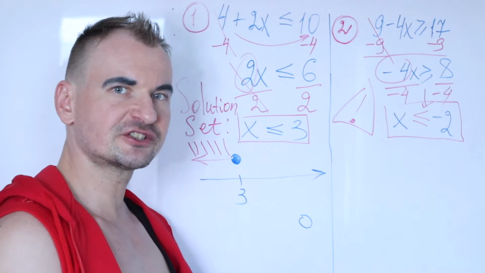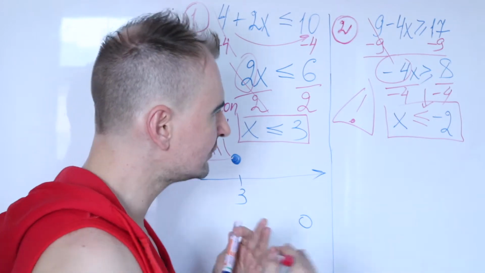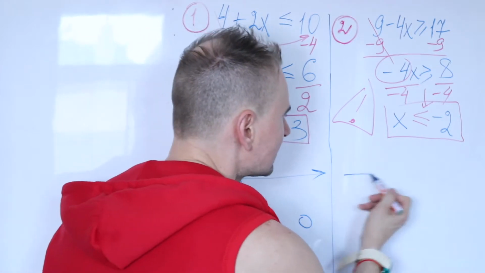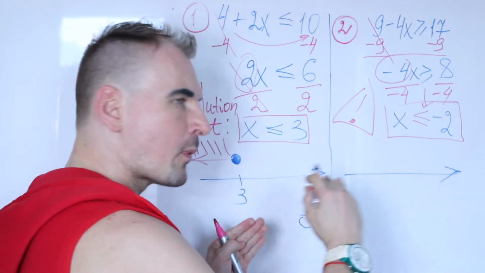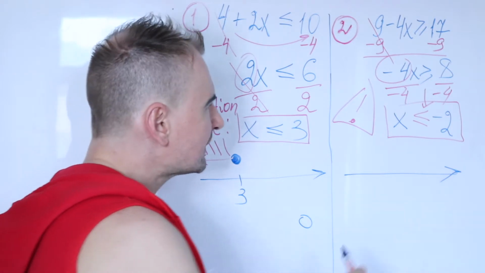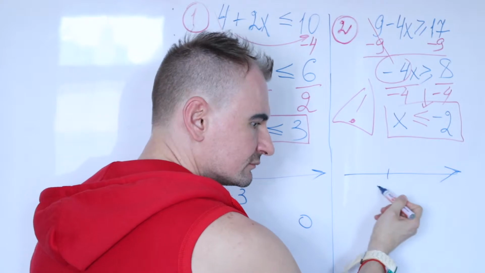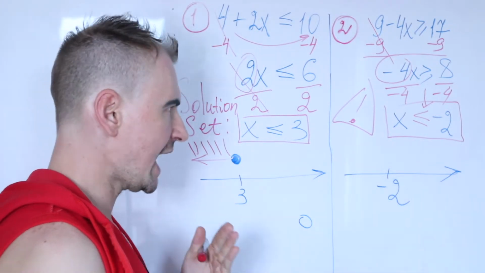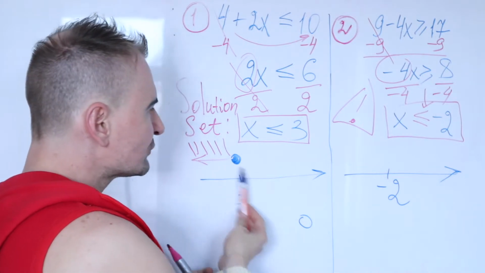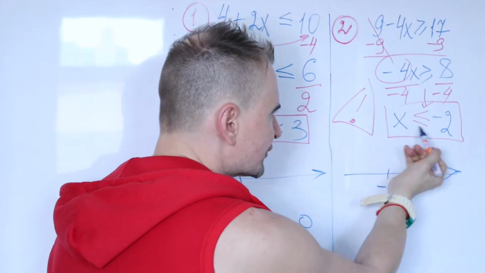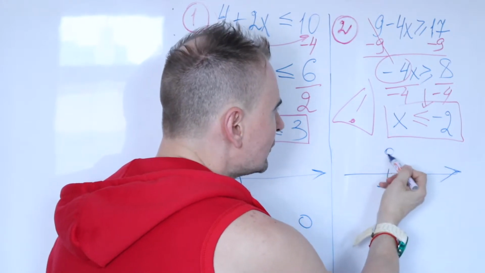Now, again, if you are asked to represent your solution on the number line, go ahead and literally draw a number line which represents all possible real numbers you could ever think of. And you're going to place your negative 2 somewhere. You're going to pick this shaded closed circle, because your negative 2 is included.